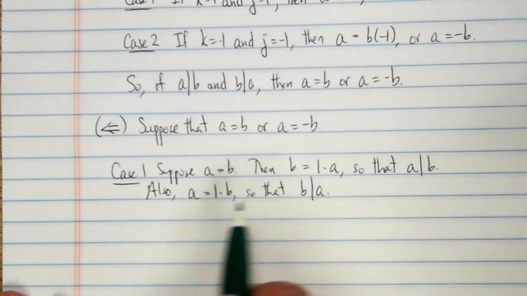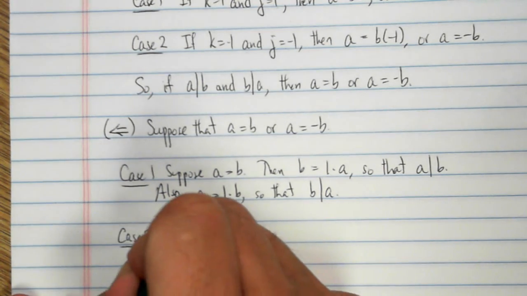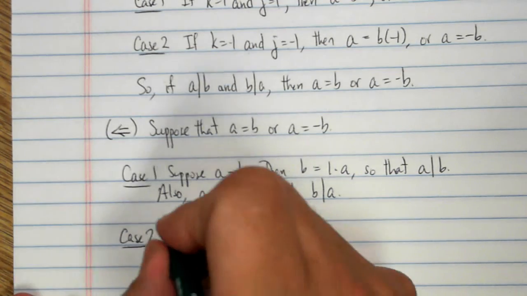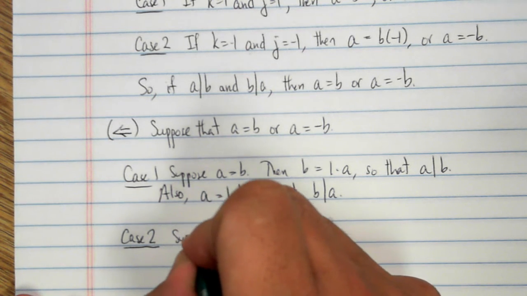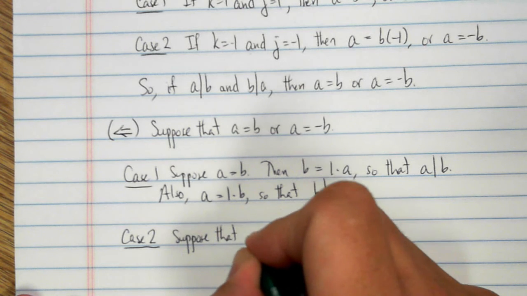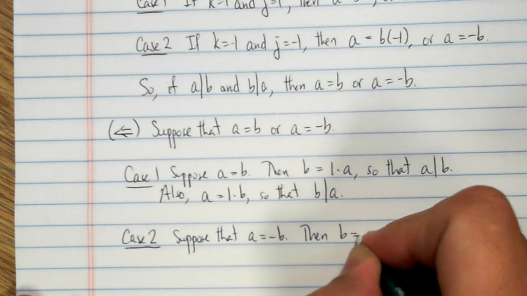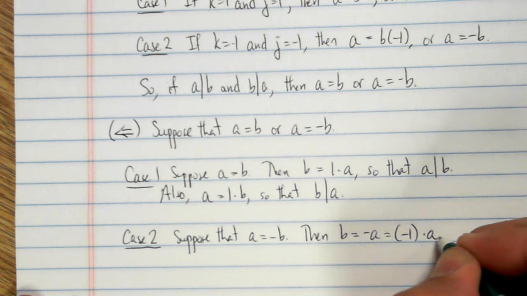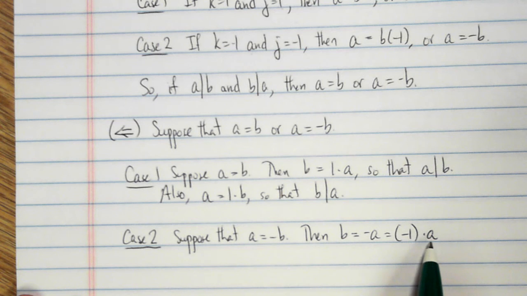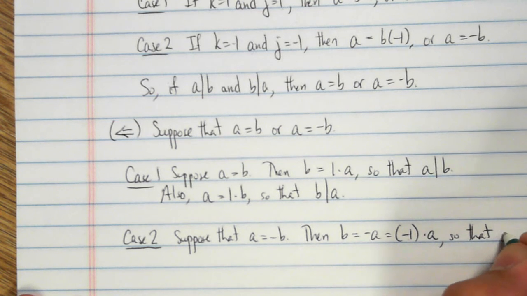a equals 1 times b, so b times an integer is equal to a, so that b divides a. So a divides b and b divides a if a equals b. Case 2. Suppose that a is equal to negative b. That means that b is equal to negative a, which is the same thing as negative 1 times a. So a times an integer is equal to b, and so by definition, a divides b.